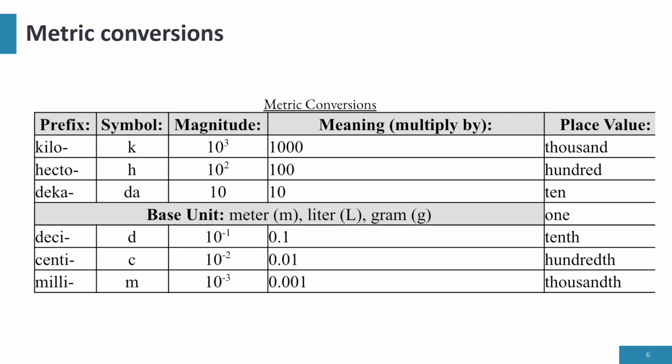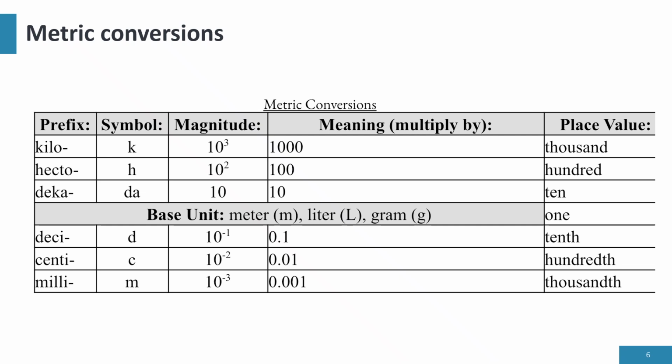Metric conversions are very essential in every science, including physics. That is because sometimes we make a measurement and it is in one unit, but the question is asking for it in another unit. That unit could be a larger unit or it could be a smaller unit. Sometimes we have to convert from a smaller unit to a larger unit, which means we have to move the decimal in one direction.